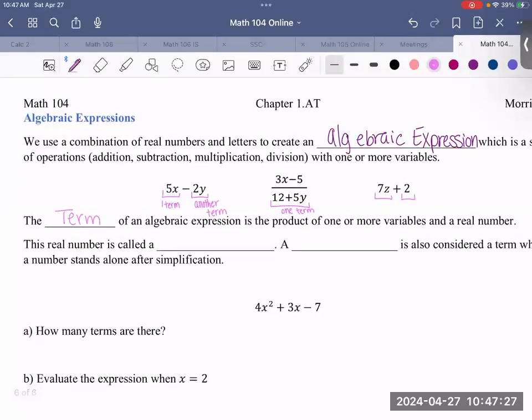Now, the real number that we had talked about can be called a coefficient. Now, a coefficient is any sort of multiplication to a variable. So in our case, and I'm going to write that a little bit differently.